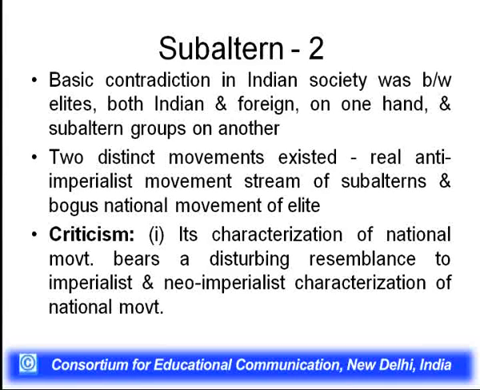So the subalterns study the basic contradiction in Indian society, and this contradiction was between elites, which were both Indian and foreign, on the one hand, and the subaltern group on the other. Two distinct movements existed: the real anti-imperialist movement stream of the subalterns and the bogus national movement of the elite. This is what they argue.